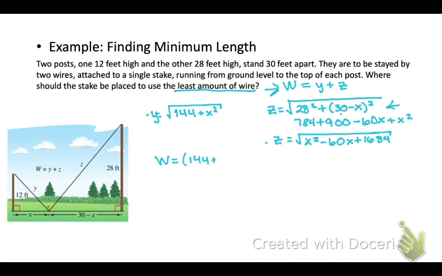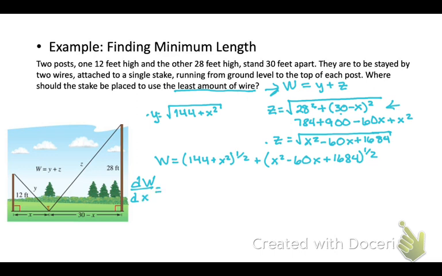So 144 plus x squared to the 1/2, plus x squared minus 60x plus 1684 to the 1/2. So now I find dW/dx.